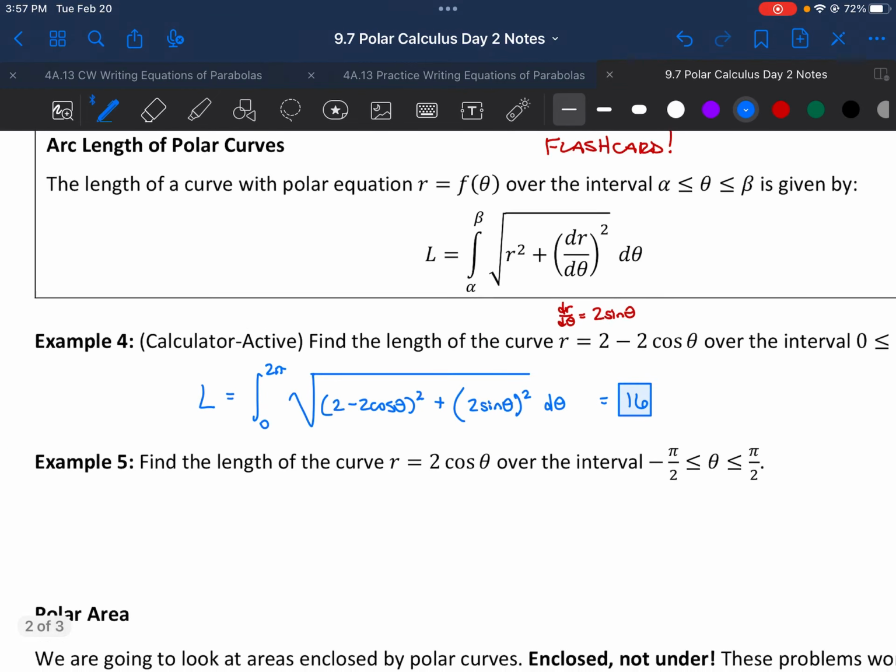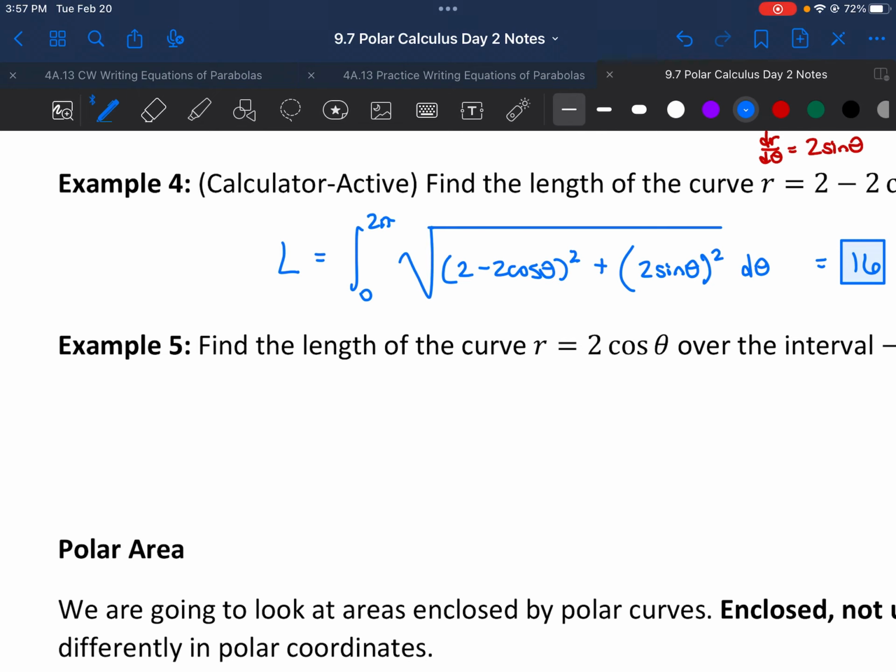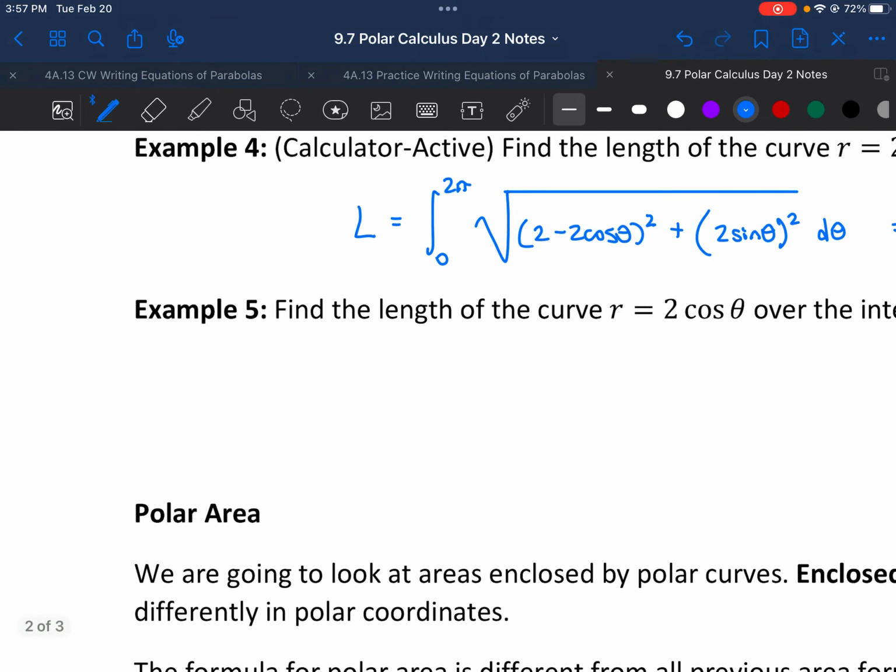All right. Now let's try one that's not calculator active. Find the length of the curve r equals 2 cosine θ over the interval negative π/2 to positive π/2. All right, so let's go ahead and set it up.